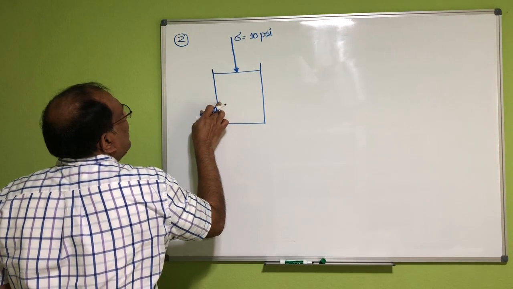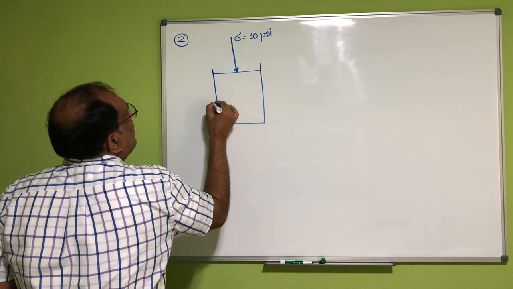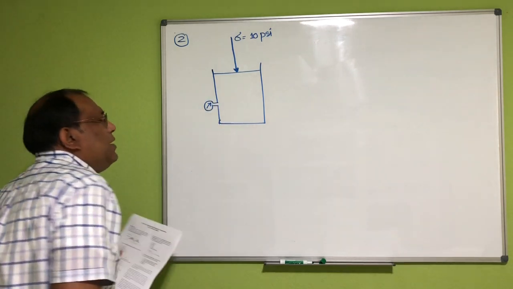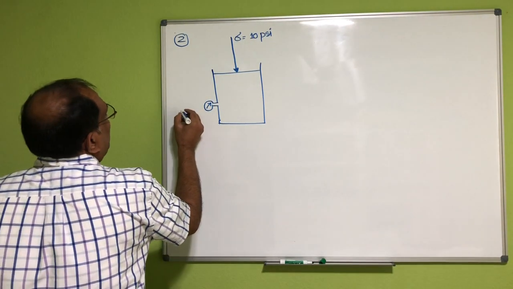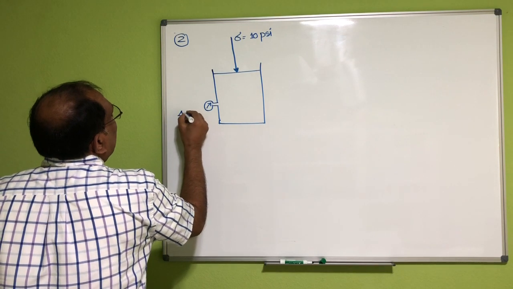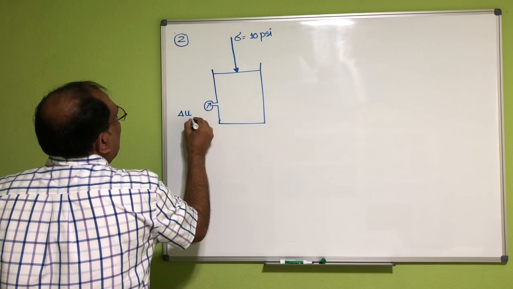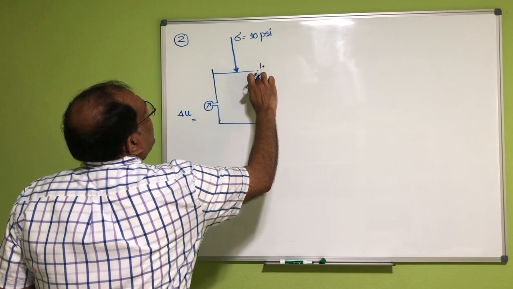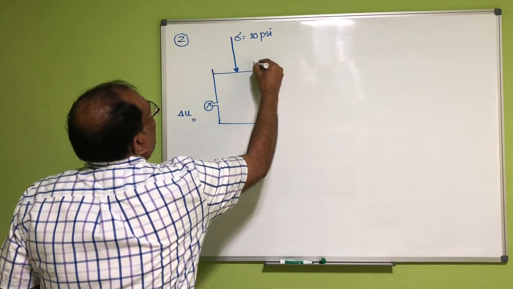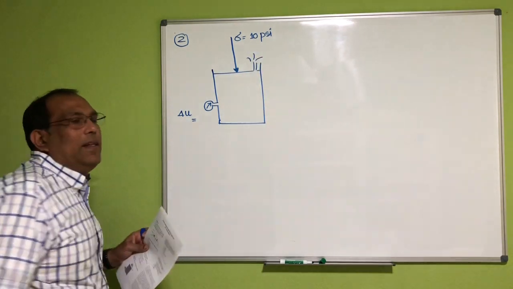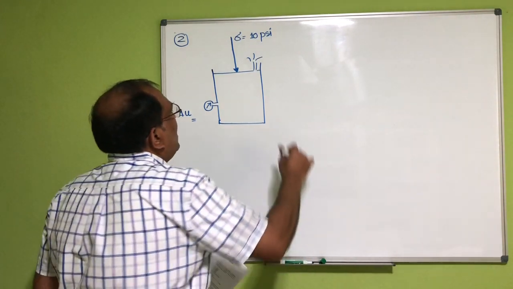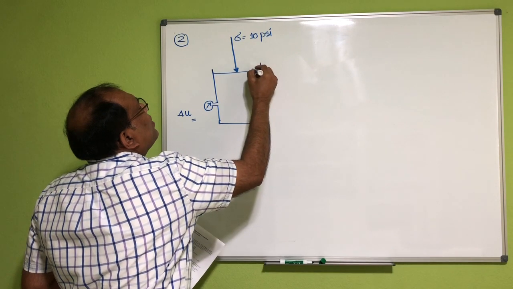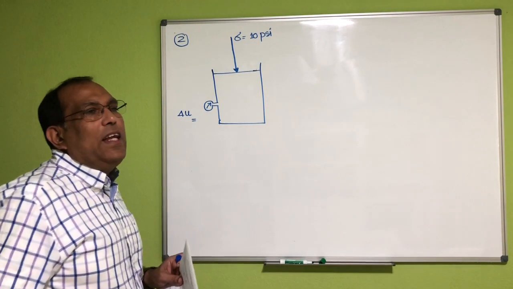And then you have a pore water pressure measurement transducer where you can find out the excess pore water pressure. Let's say you got that one at a particular time when you allowed some water to go out from there. Then you will see what will happen when there is no drainage here.